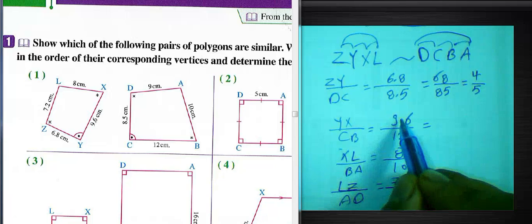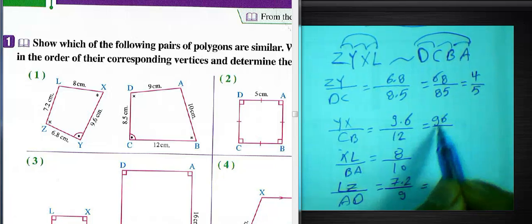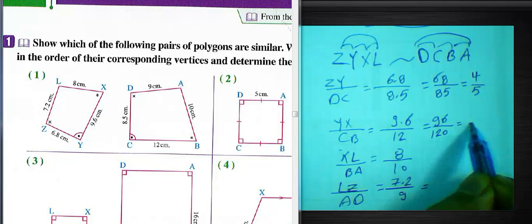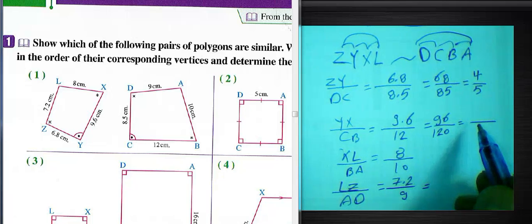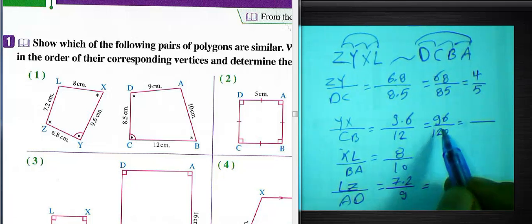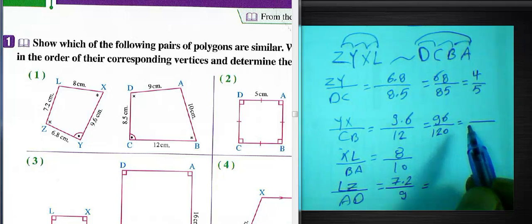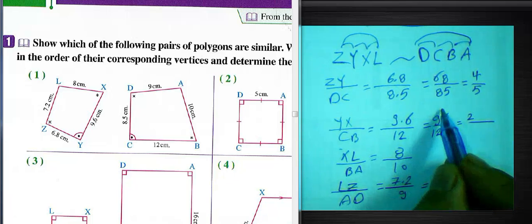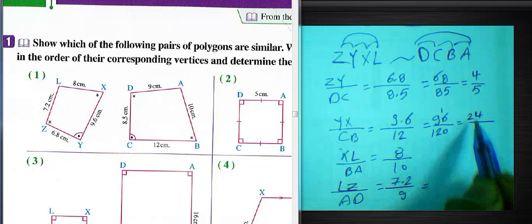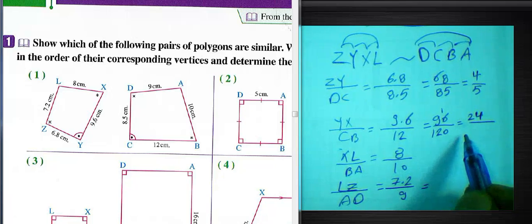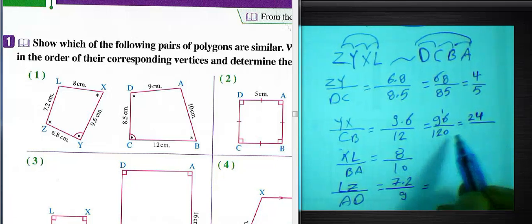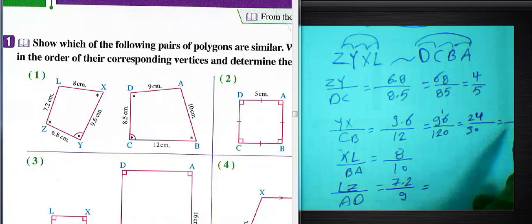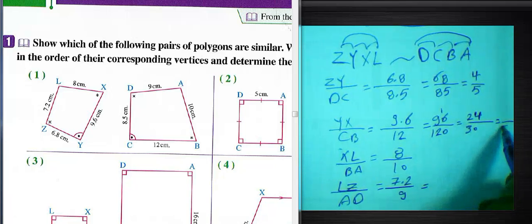We cancel the decimal point: 96 over 120. We can divide by 4: 96 divided by 4 equals 24, 120 divided by 4 equals 30. Then divide by 6: 24 divided by 6 equals 4, 30 divided by 6 equals 5.